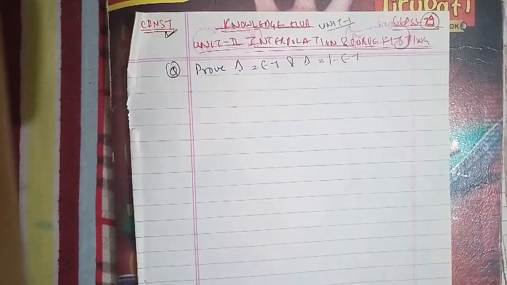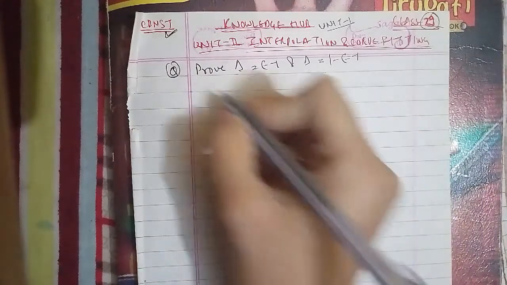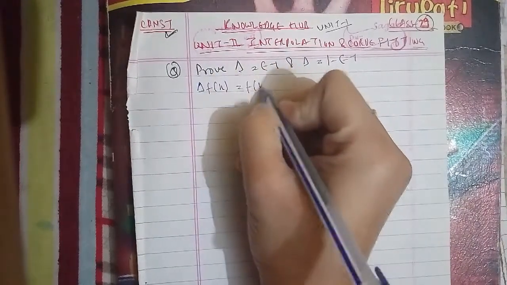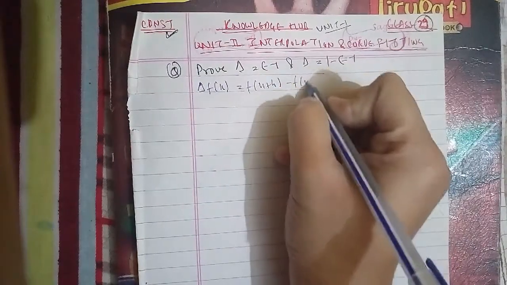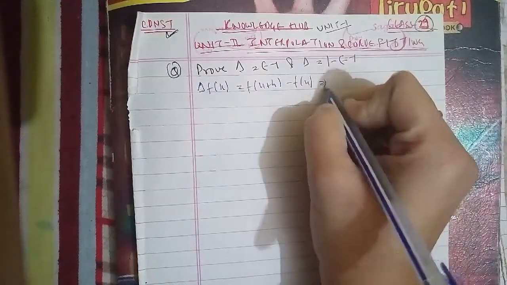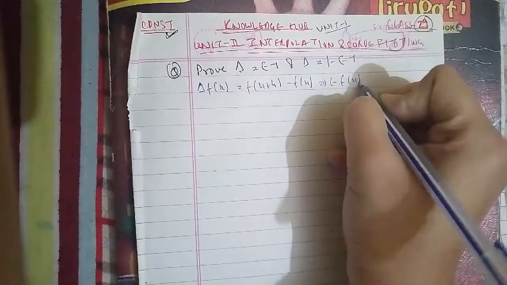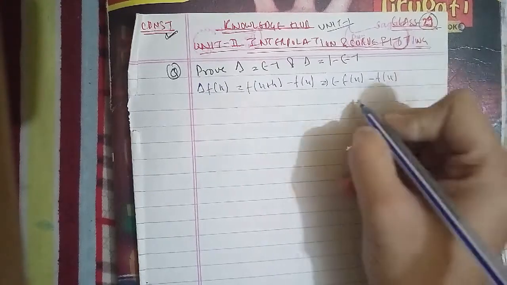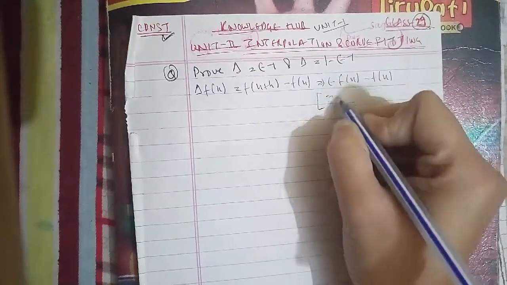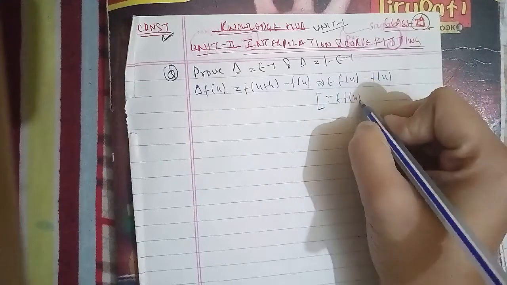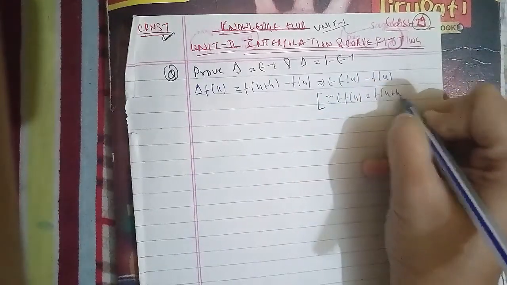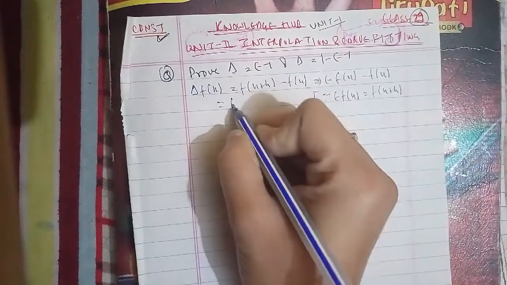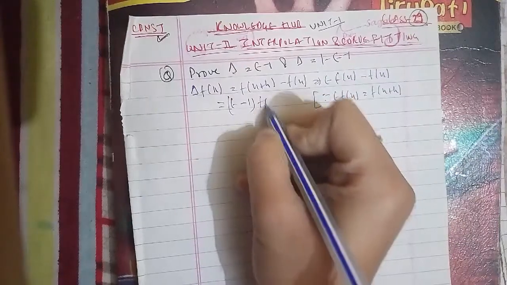So we know that delta f(x) equals f(x plus h) minus f(x), which equals E f(x) minus f(x), where E f(x) equals f(x plus h), and that gives (E minus 1) f(x).